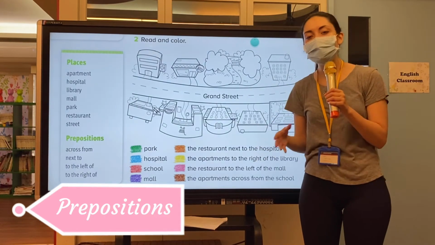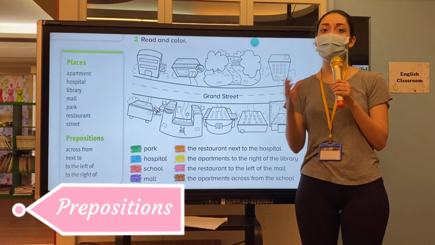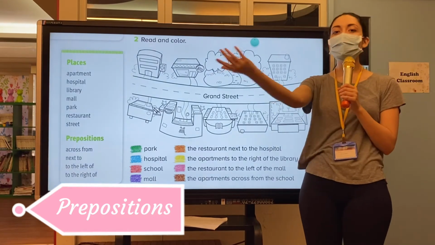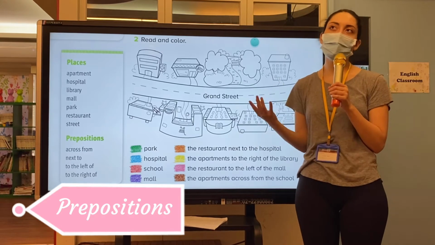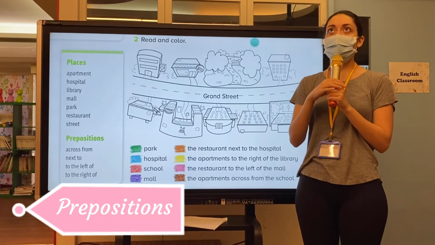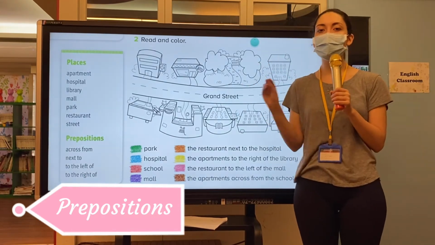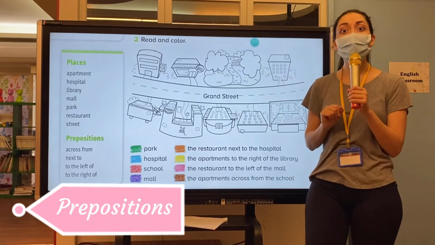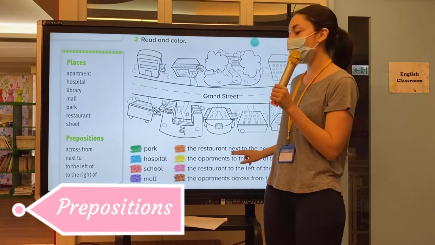In this case, I'm always talking about my home, my house, or the apartment that I live in. And there are so many other places near my house. Maybe there is a hospital, maybe a library, maybe the school. So I can use these other places to find my home, always using prepositions to locate.